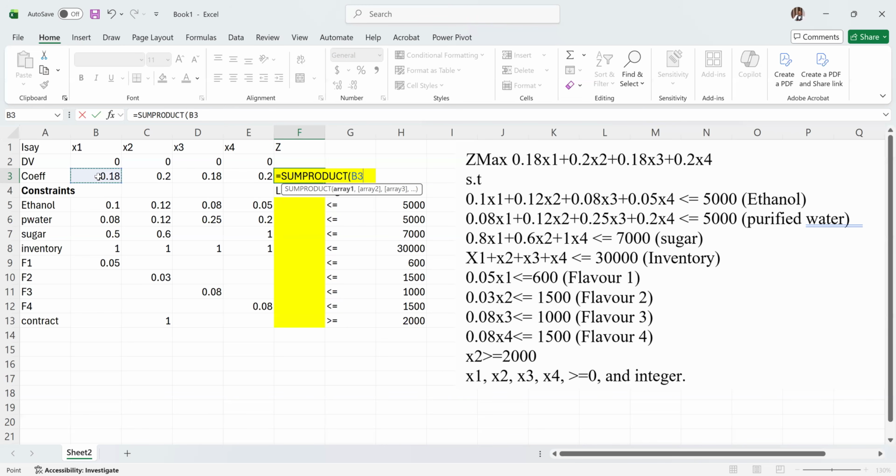And then you select the coefficients, all the coefficients from left to right. You bring a comma. Then you select all the zeros. After selecting all the zeros, you press your F4 key, like I just did. You will see that the dollar will come in front of the letters and behind the letters. After that, you click enter.